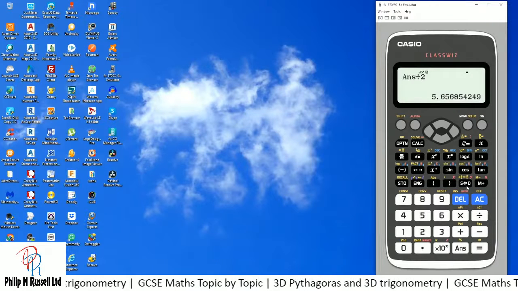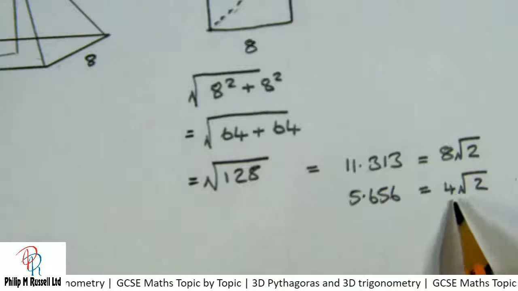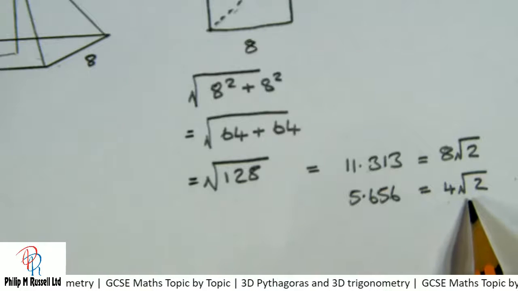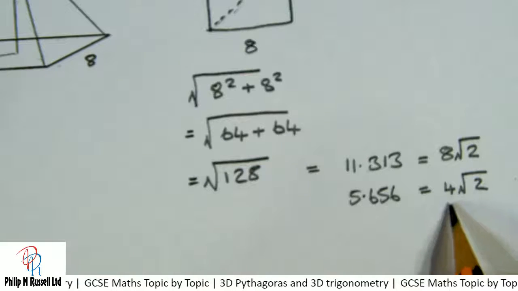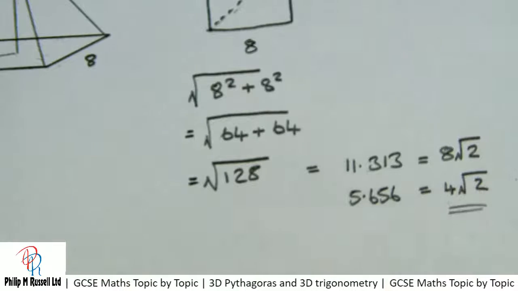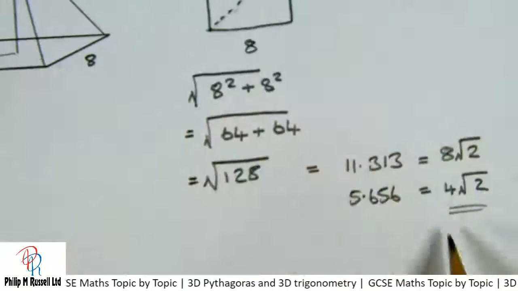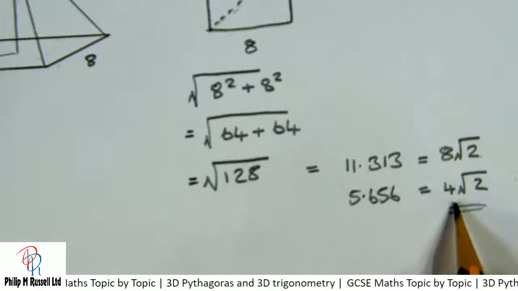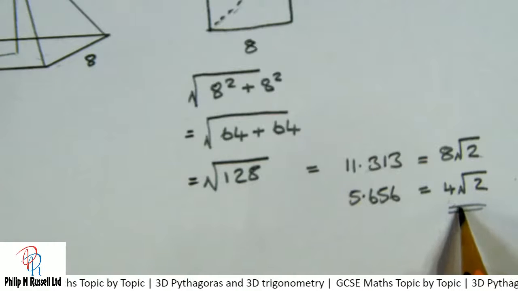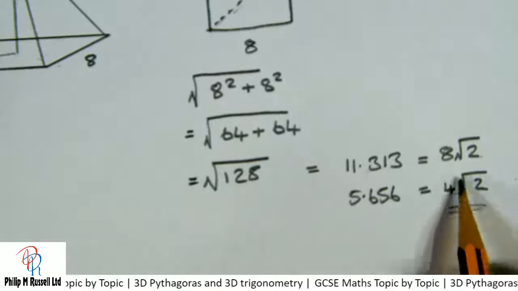Or we can use the surd, which is 4 root 2. The calculator's not going to mind, and this is more accurate. So I now know this distance is 4 root 2, and you see dividing 8 root 2 by 2 is quite an easy sum. We could do that in our head without having to resort to the calculator.